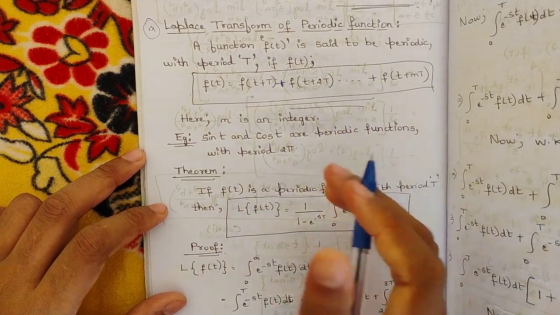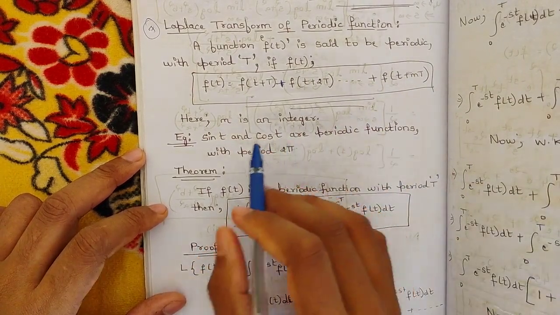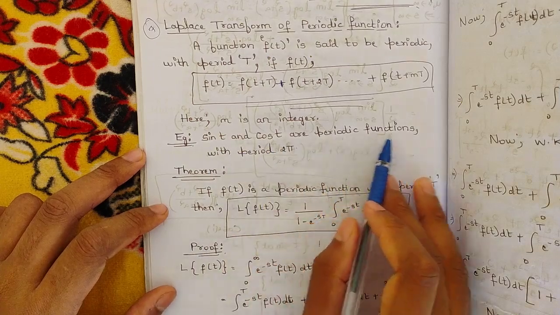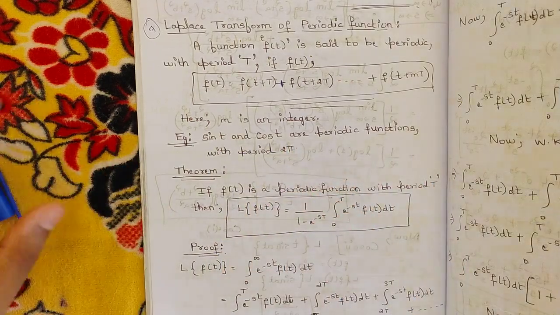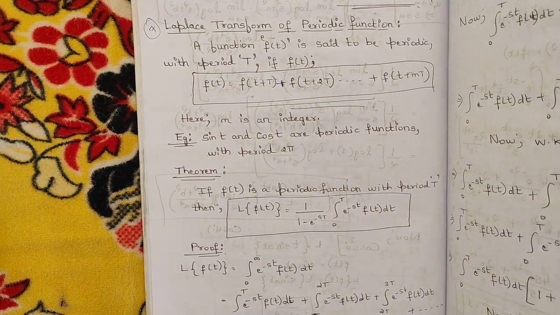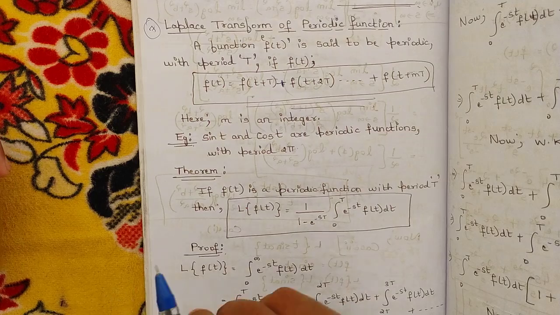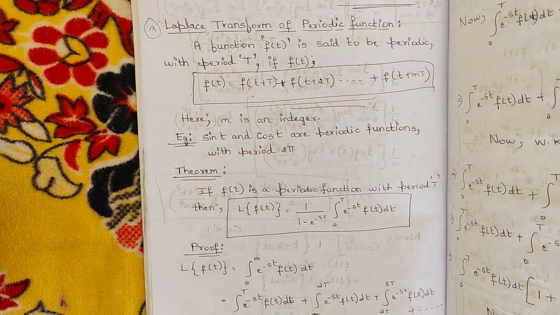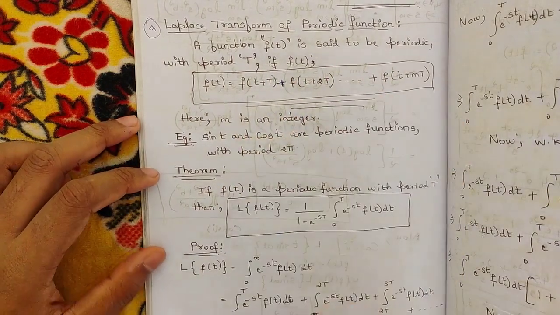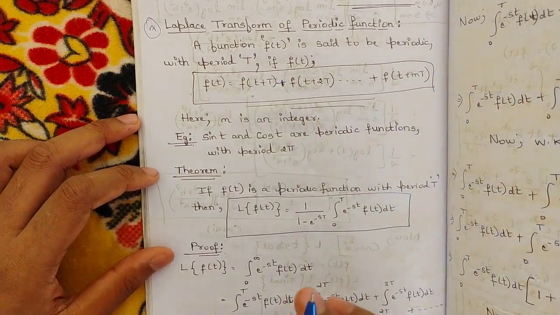It goes on for different time intervals. Example, sin t and cos t are periodic functions with the period 2 pi. Periodic functions basically are repeated signals. When the signals are repeated after one particular cycle, those signals are called periodic signals or periodic functions. In this way we will be representing the Laplace transform of a periodic function.